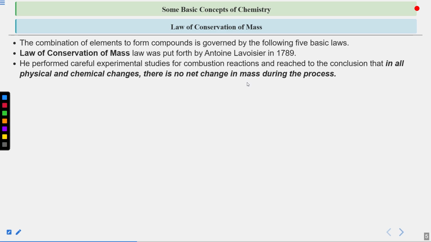The experiment which Antoine Lavoisier conducted to prove this law was a combustion reaction. So he did the combustion reaction, calculated the mass of reactants and products, and found that both of them have the same masses, meaning during a chemical reaction there is no change in the mass.